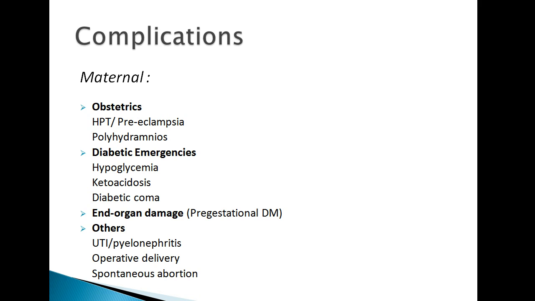And as in other diabetes mellitus patients, you also have end organ damage, and in pregnancy also, because of the high glucose, it may lead to urinary tract infection, and probably because of a very big baby, you need to have operative delivery and probably spontaneous abortion.